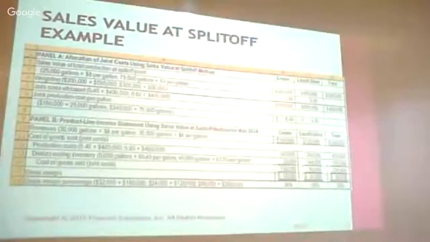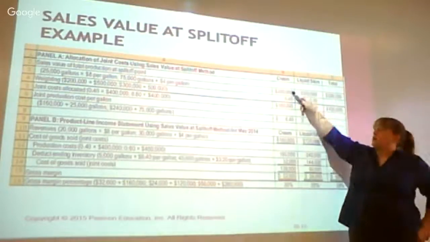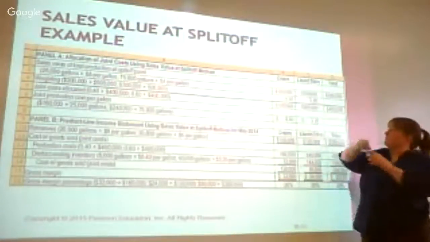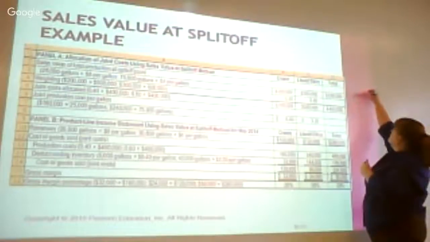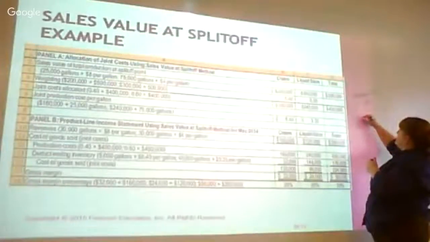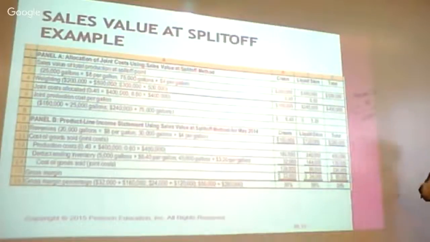Yeah. Mm-hmm. So you multiply the 200,000 by the 40%. No, the 200,000 is the value, how much I will sell it for. Yeah, I'm saying you get the 160, multiply times 40%, right? You take the 400,000 in joint costs times the 40%, and that's how I get the 160,000.